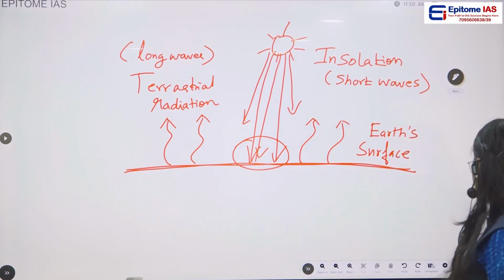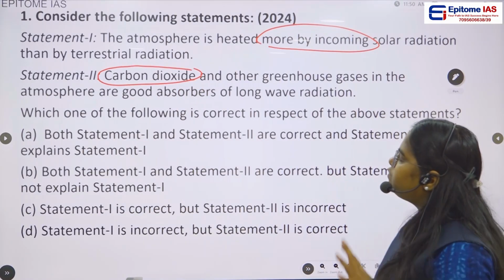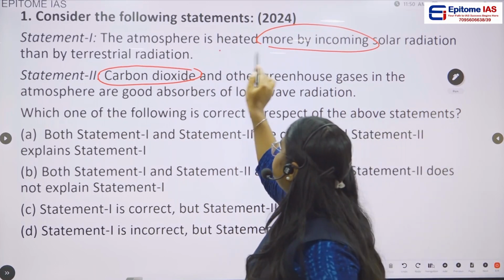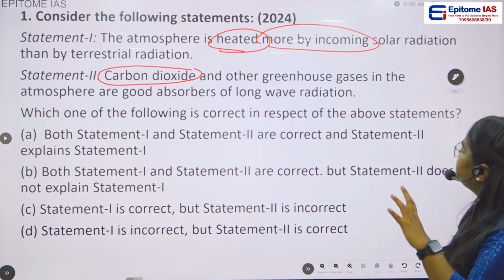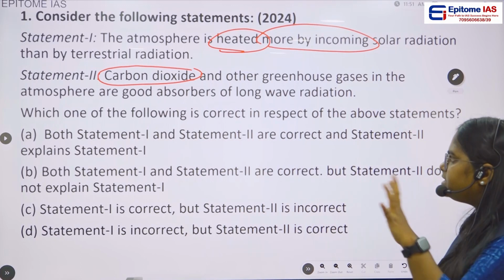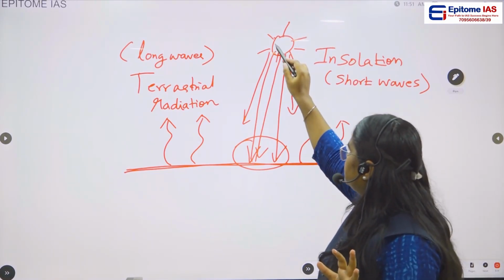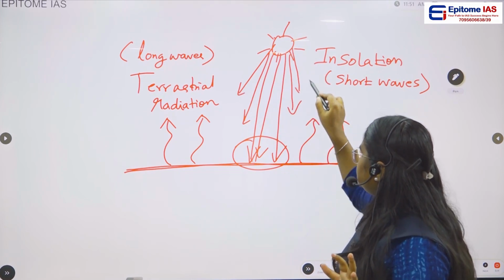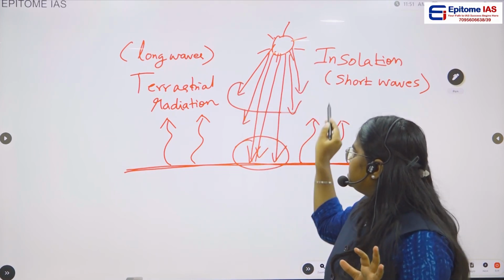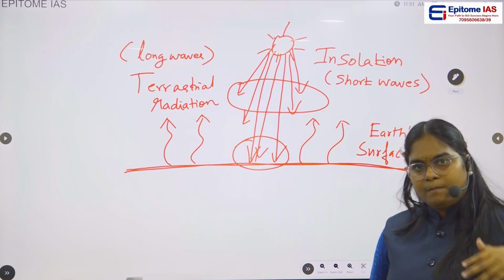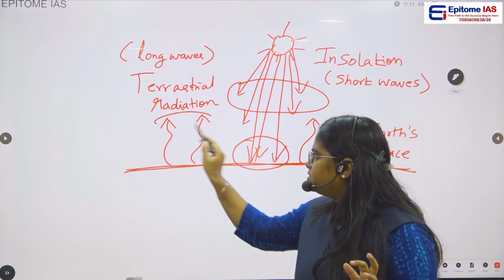If you see in the question, in the first statement, what they are saying is, the atmosphere is heated more by the incoming solar radiation than by the terrestrial radiation. So the first statement just says that the incoming solar radiation heats up the atmosphere more than the terrestrial radiation.